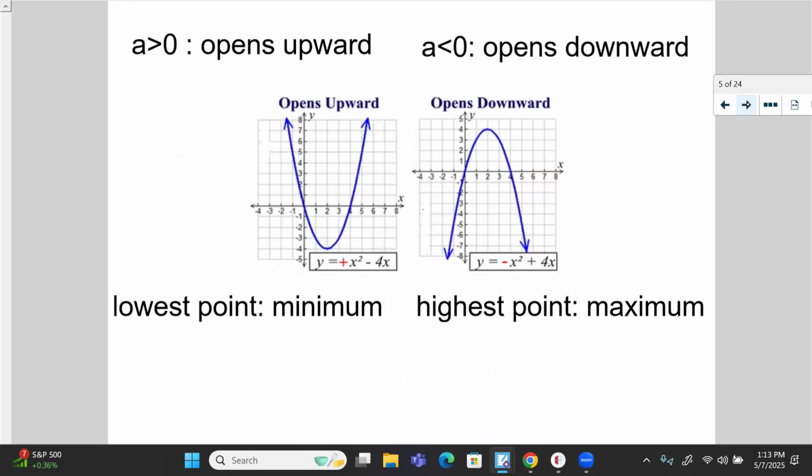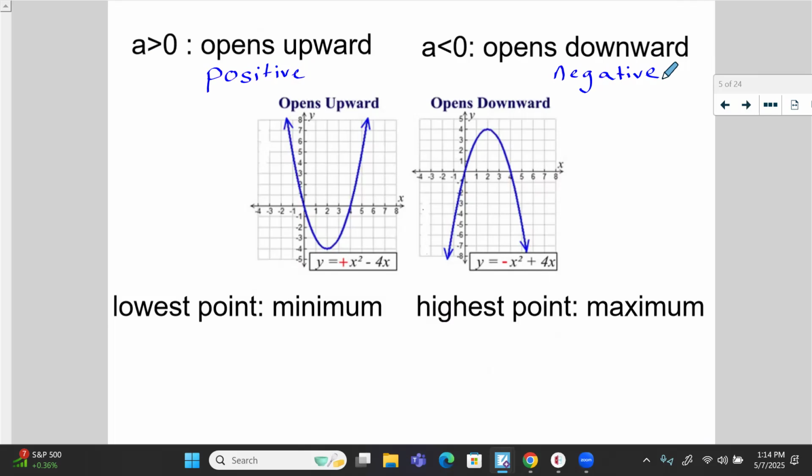So again, if a is greater than 0, the graph will open up. If a is less than 0, it'll open downward.